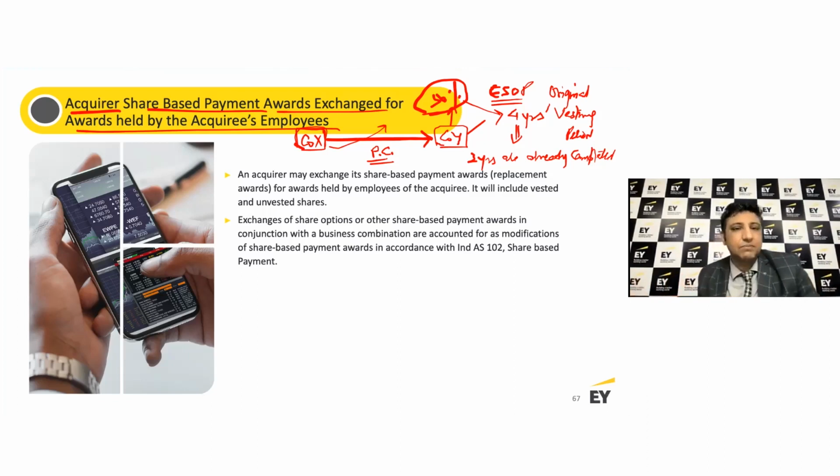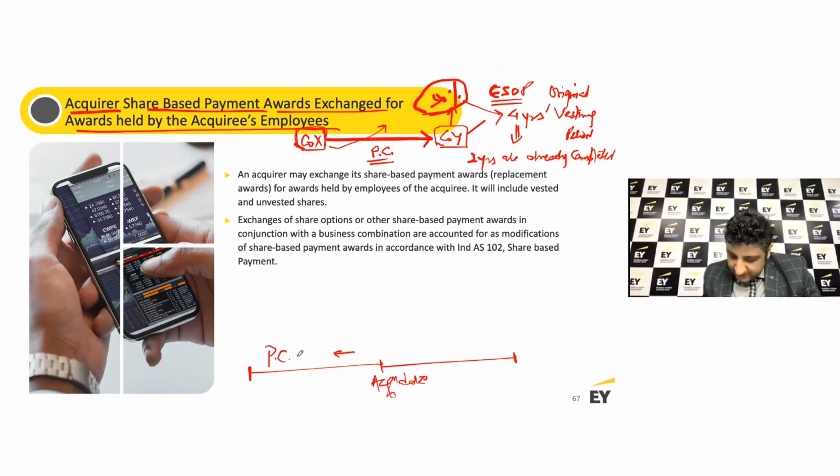So all we are trying to say is that we need to split between this is the acquisition date, right? Whatever you're paying for the earlier period is indeed an example of a purchase consideration.